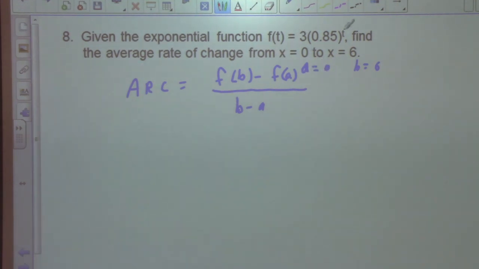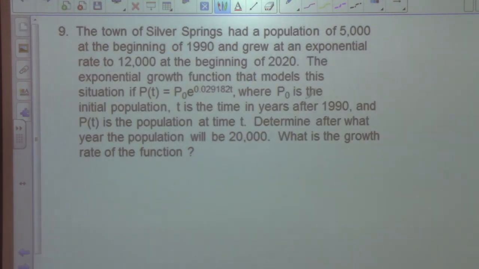So we plug in for 6, so it's going to be f of 6 minus f of 0 over 6 minus 0. You plug in for 6, get a number. Well, if we plug in 0, we're going to get 3. So that's how you would do that one. And then you get a number. I think it's going to be a negative rate of change, because you have a decreasing function, so you get a negative number.